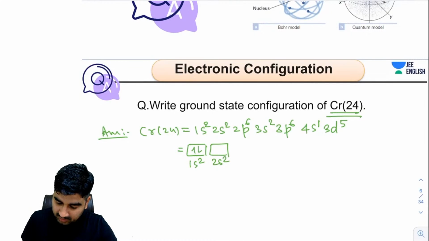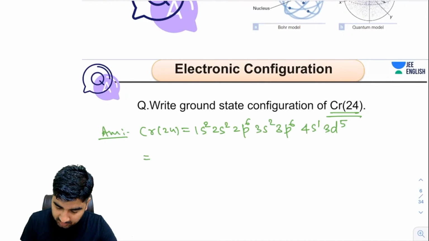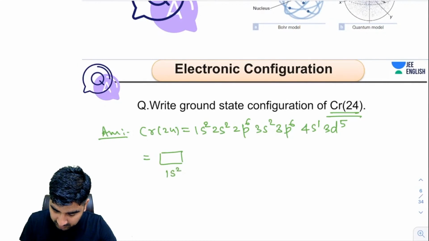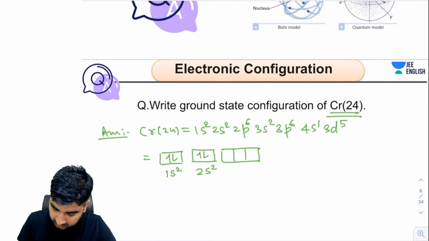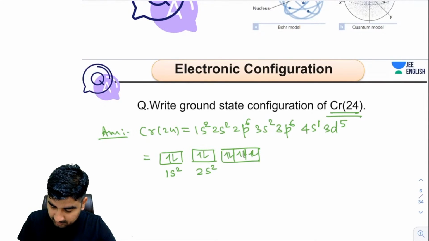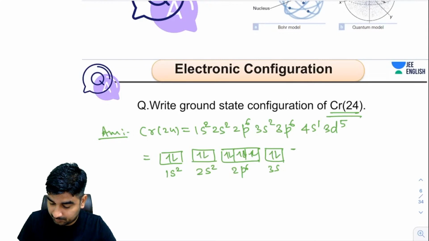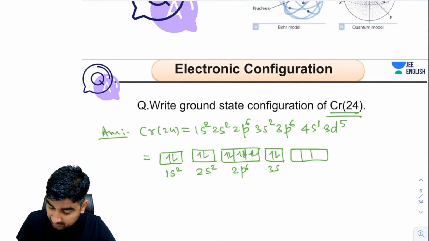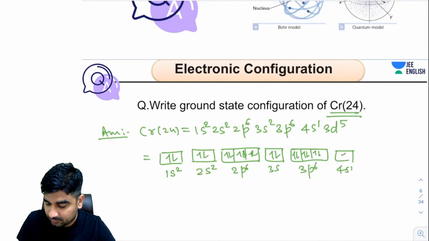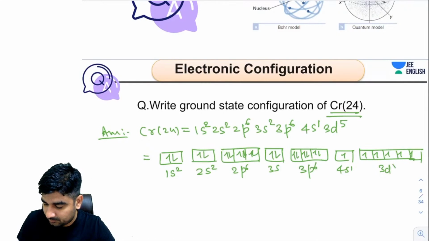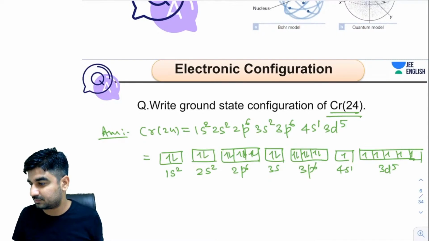These boxes should be a bit larger because I'm going to use them. 1s2, 2s2, 2p6, then 3s2, after this 3p6, after this 4s1, and then we have 3d5. I hope everybody has done it right.